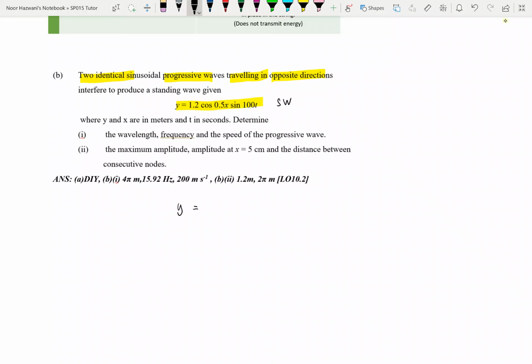Y equals to 1.2 cos 0.5x sin 100t. Okay, and then kita compare dengan general equation. So y equals to a cos kx sin omega t. Okay, so kita boleh compare lah. So amplitude kat sini adalah 1.2, K kat sini is 0.5 and omega dekat sini is 100.